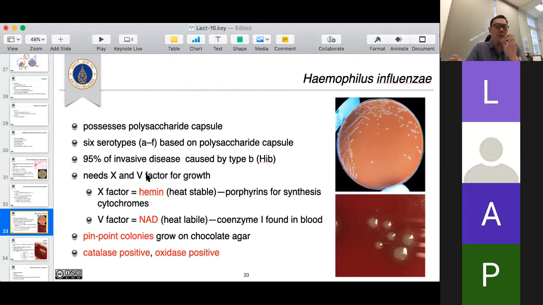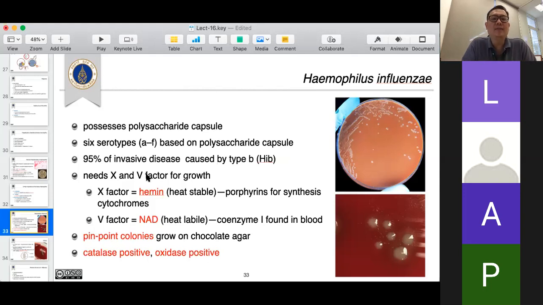So both of them stay in the red blood cells. Since Haemophilus has no ability to lyse red blood cells, you need to prepare chocolate agar. In chocolate agar, the red blood cells are lysed and release factor 10 and factor 5, then growth happens. It's very easy for Haemophilus influenzae.